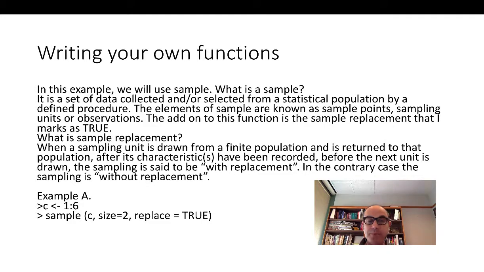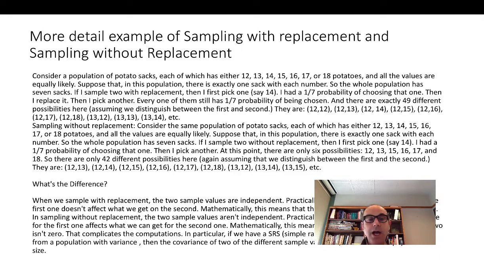For example, take a container that I called C, which holds numbers from 1 to 6. I'll say to R, take a sample from C, with a sample size of 2, and I want it with a replacement. So R will replace the value every time I take this sample.